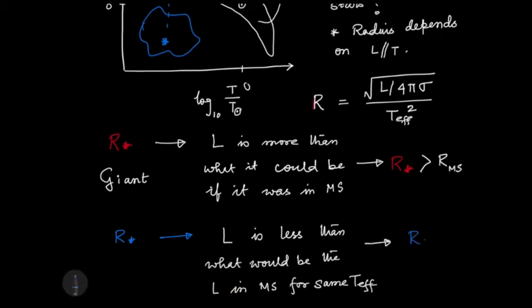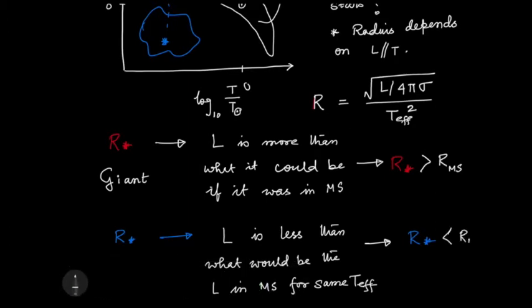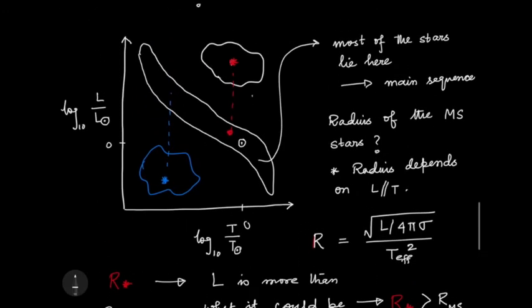So this tells you that this star has a radius which is less than the radius it would have had at the same temperature in the main sequence. So these are called dwarfs. Small, so dwarfs; big, so giants. So we have red giants and dwarfs, and this is for the main sequence.